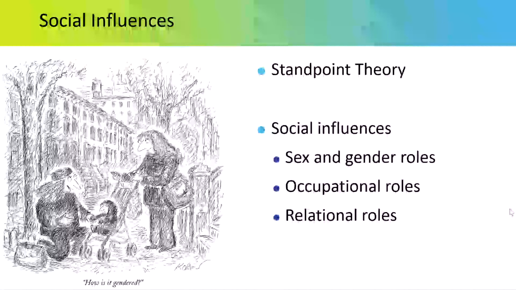Another thing to look at is occupational role. We see the world based on the job that we have. I like this: you have five people walking through the park, and they're looking around. One is a botanist, and what he sees is all the trees and plants. The zoologist, she sees interesting animals.